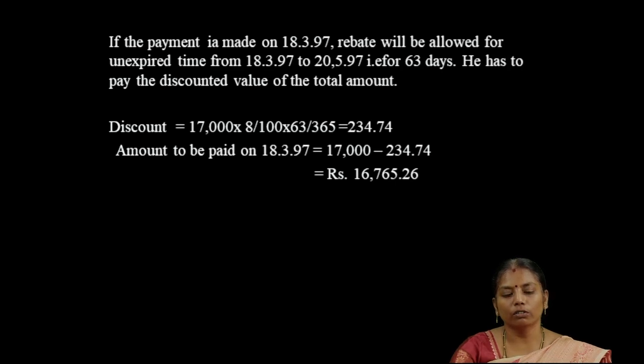Discount equals 17,000 into 8 divided by 100 into 63 divided by 365, which means the discount will be 234.74. The amount to be paid on 18/3/97 means 17,000 minus 234.74. The amount will be 16,765.26.